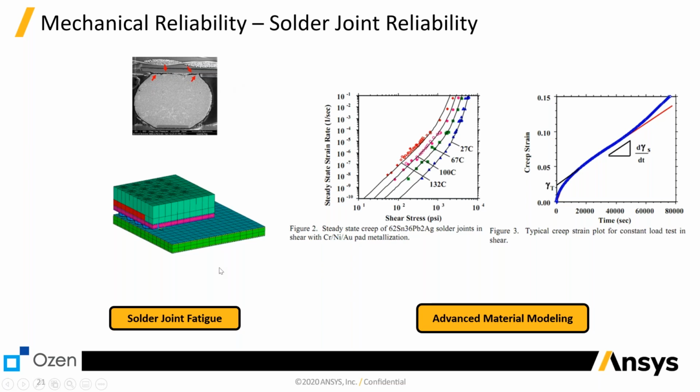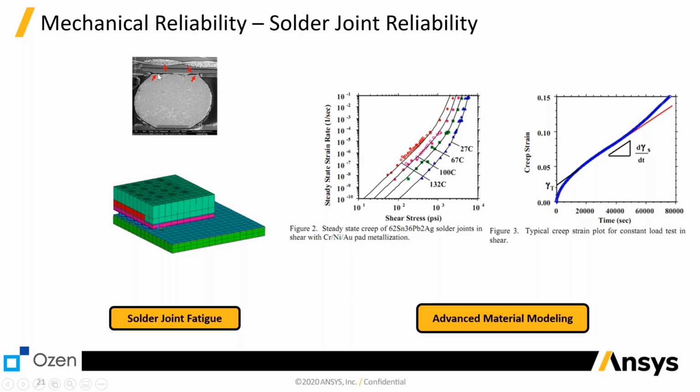So solder joint reliability simulations, we get into this a lot. ANSYS has advanced material modeling capability. One of the techniques is called Anand viscoplasticity, where we can simulate the creep behavior, and you can see how the cracks, once they start initiating, are going to propagate.